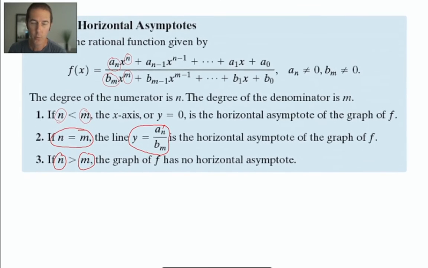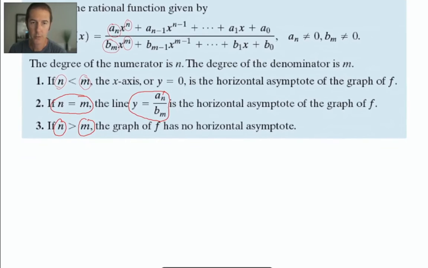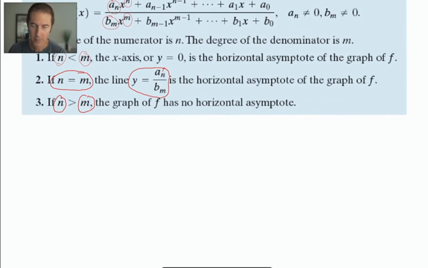If you can figure out a way to remember those three scenarios, great. I will share with you how I remember them. I think of three equations that I'm familiar with. I'll do them in the order 1, 2, 3.